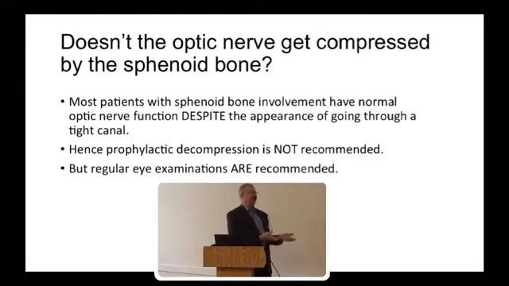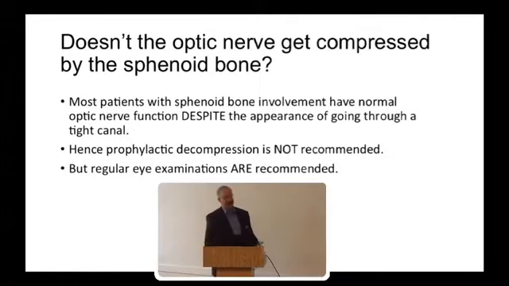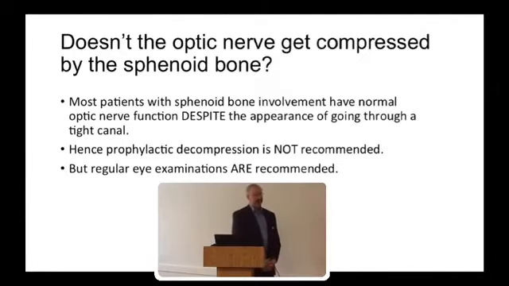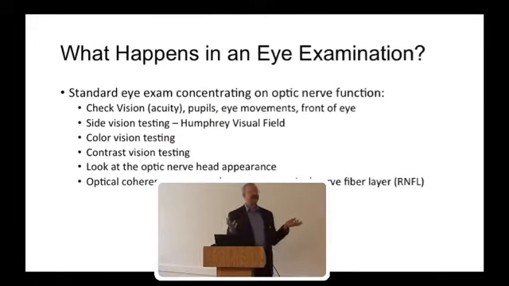The other part is that the bone regrows anyway. But it is a good idea to follow up with your eye doctor, and really regular exams, probably annually, but if you're having problems, obviously more often is a good idea. So I just wanted to go through, so you see an eye doctor, what do we do?